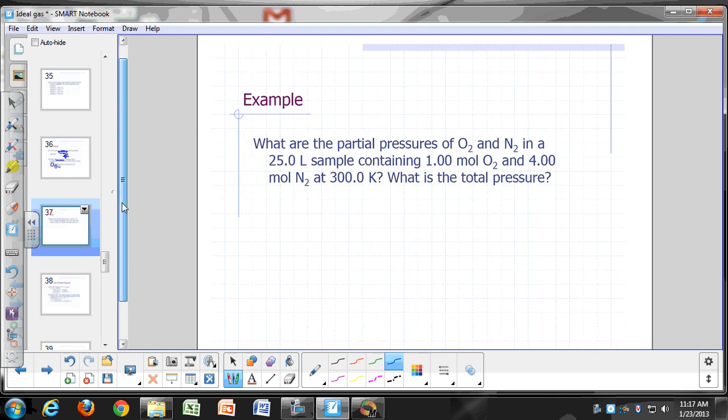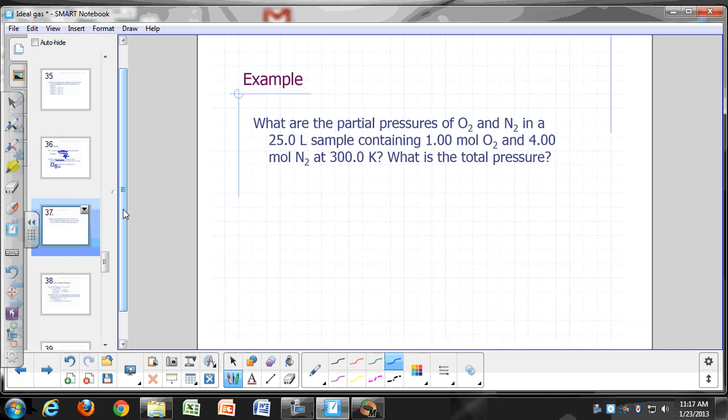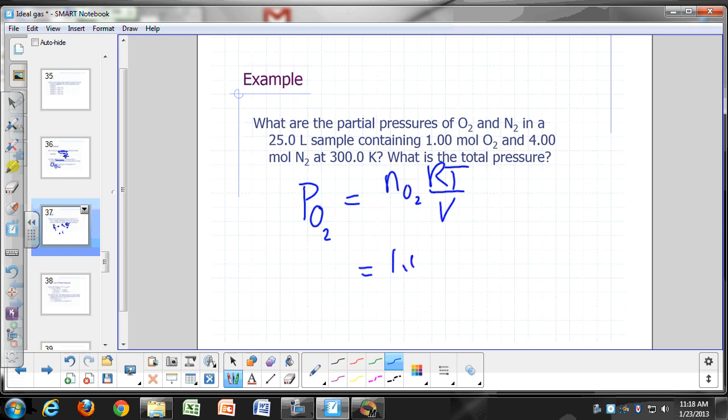So for example, what are the partial pressures of oxygen and nitrogen in a 25-liter sample containing a mole of O2 and 4 moles of N2 at 300 Kelvin? That's the partial pressure of O2. Moles O2 times RT over V. So what's moles O2? 1.00 moles. And what's our RT over V?